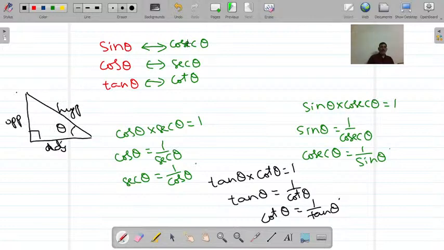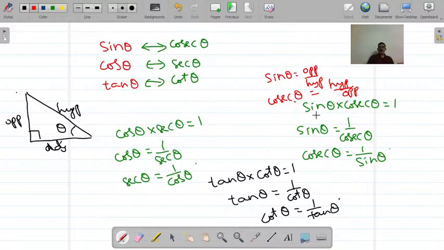How we are saying these two are reciprocal: here you can observe that sine theta is equal to opposite by hypotenuse, whereas cosecant theta is equal to hypotenuse by opposite. Now if you multiply these two, what happens?